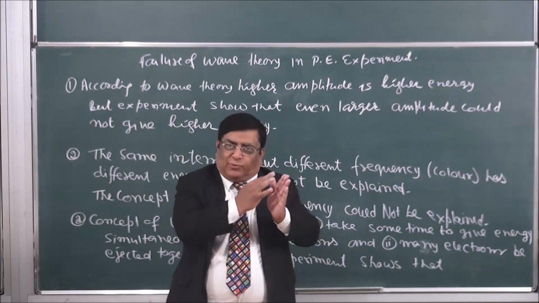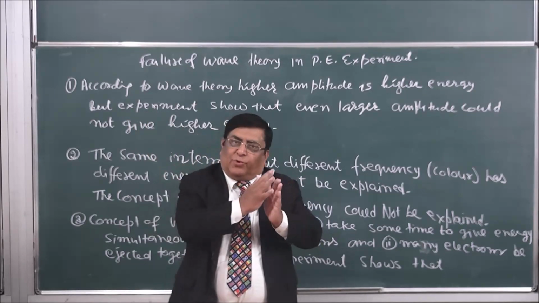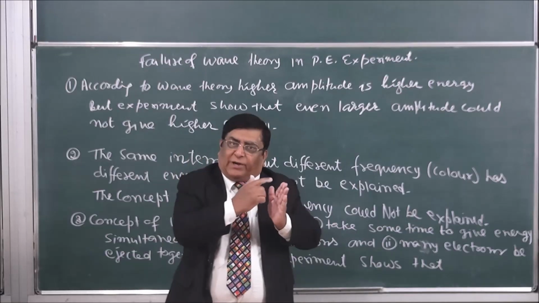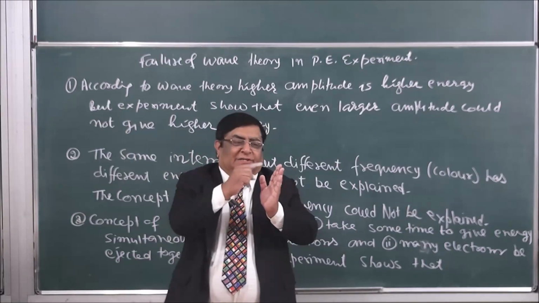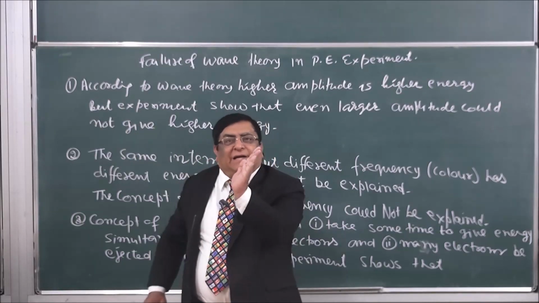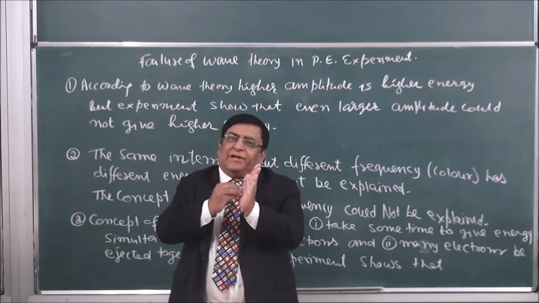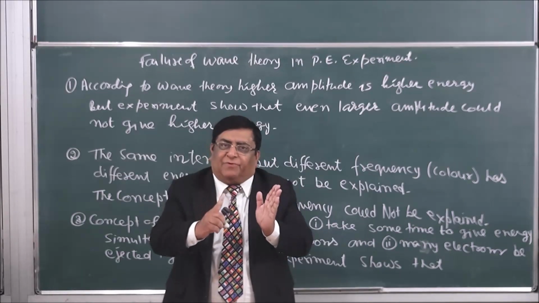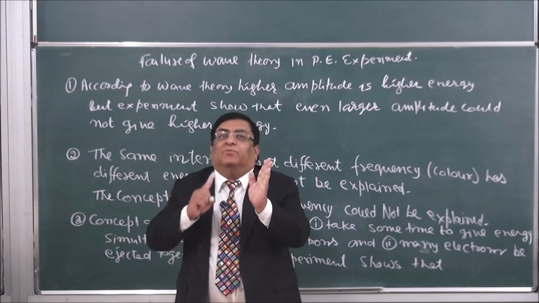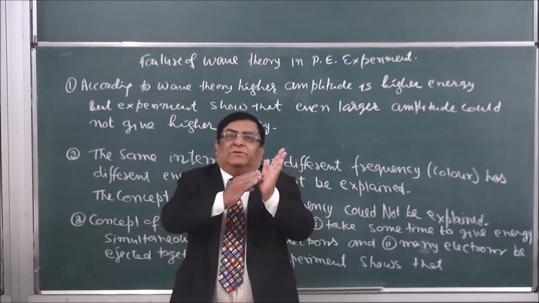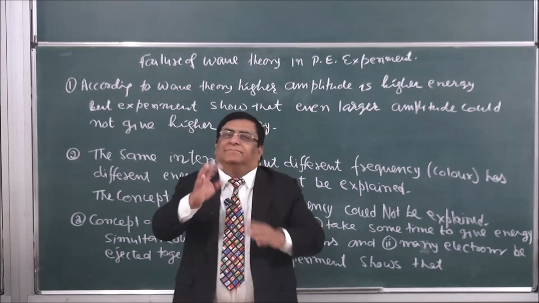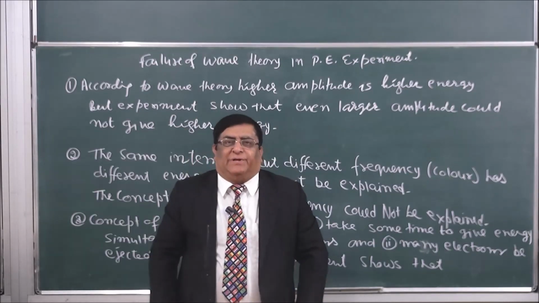Second wave front, more energy. Third wave front, more energy. Fourth wave front, more energy. And in this way, energy goes on accumulating. A time will come when this energy of each electron has become larger than the work function. Then all electrons should move out. But this does not happen, actually.